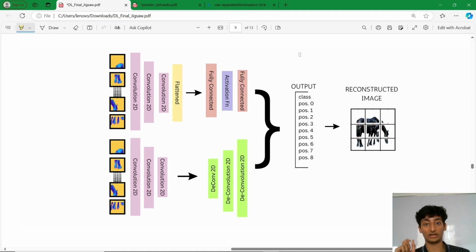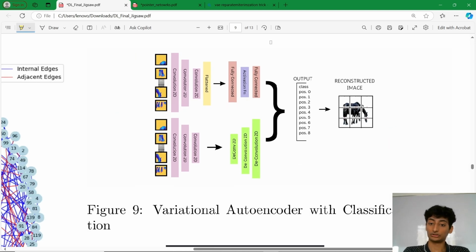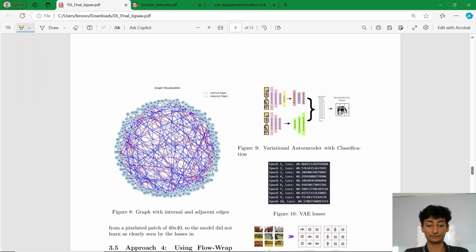Using the encoder's learned representation, we can put an ANN on top, which classifies the learned representations into particular classes, which we can use to reconstruct images. So this is the VAE approach that we have.